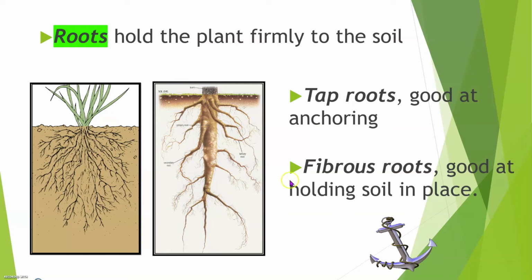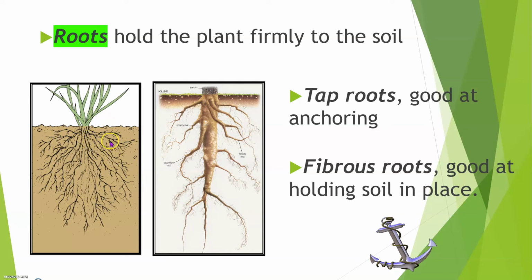Very good. So the next type of roots is the fibrous roots. Everybody repeat after me. Fibrous roots. Very good. So fibrous roots are good at holding soil in place. So this is the fibrous roots.